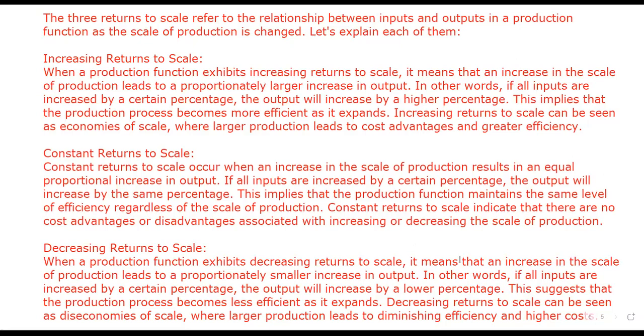In other words, if all inputs are increased by a certain percentage, output will increase by less. So this suggests that the production process is less efficient and wasteful. This is a 10 to 15 mark question that allows you to explain the returns to scale using the graphical method. Are we together on that?